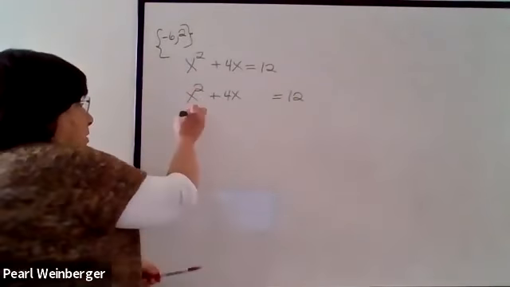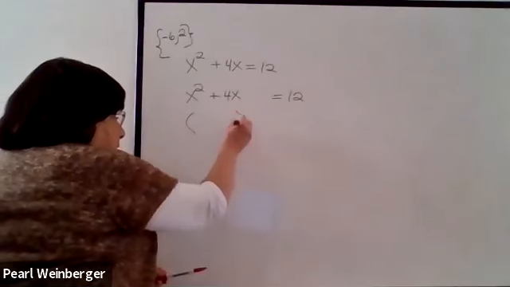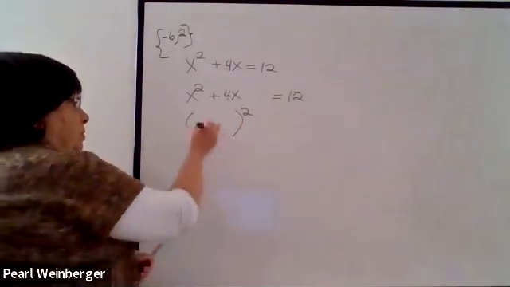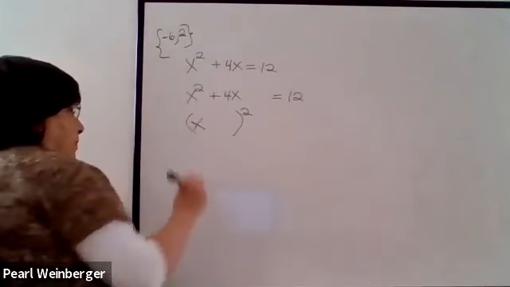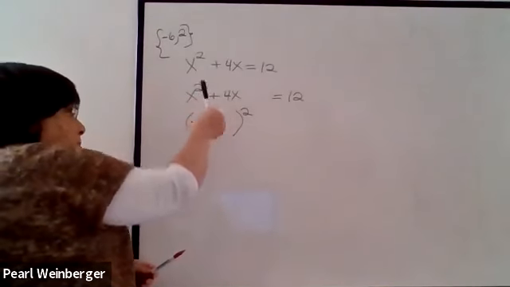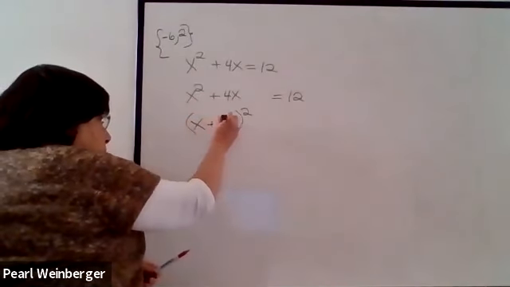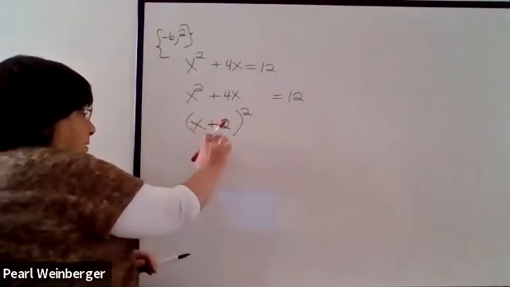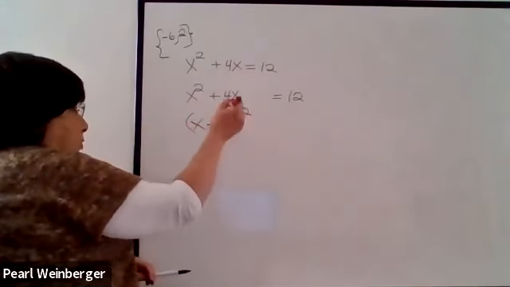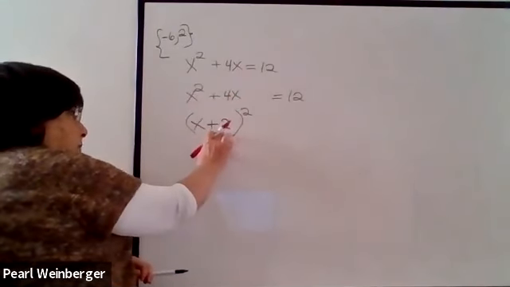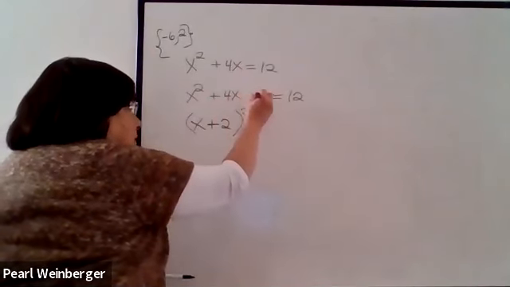First of all, here's how it's going to end up. The first term is going to be the x. The second term is going to be half of this number, so it's going to be plus 2. And the number that we should have added, and I'm going to do it in a red pen, is this number squared, 2 times 2, which is 4.